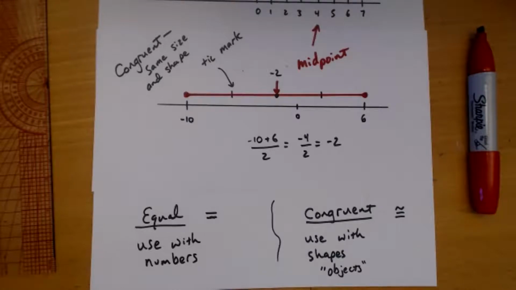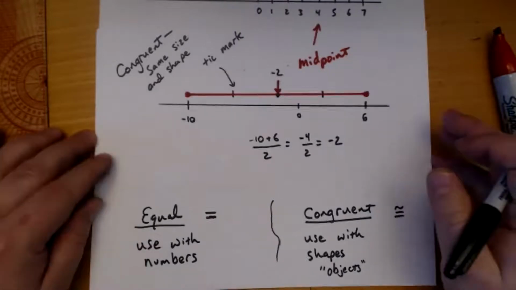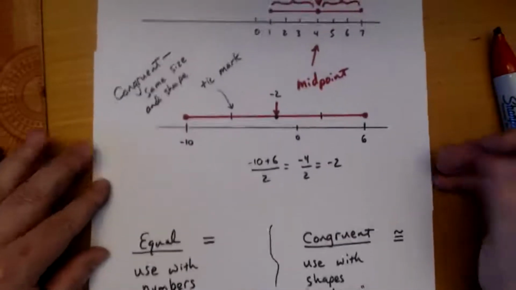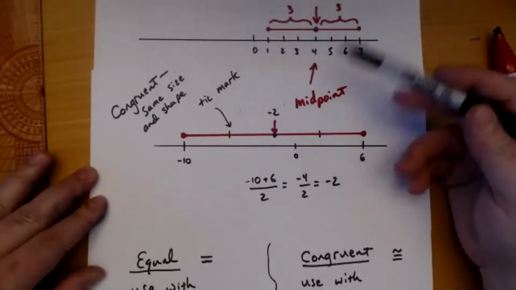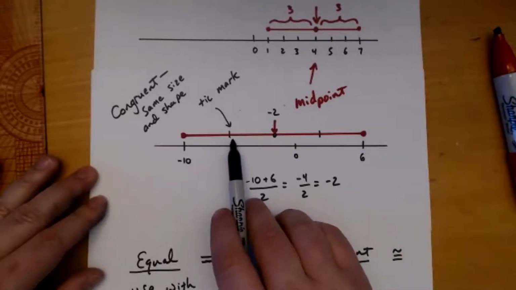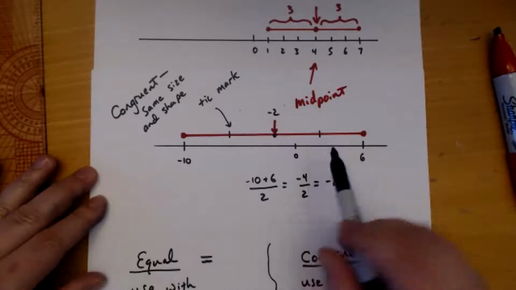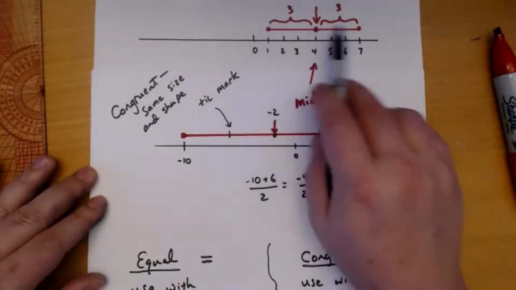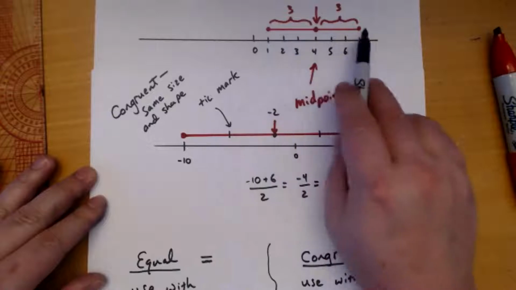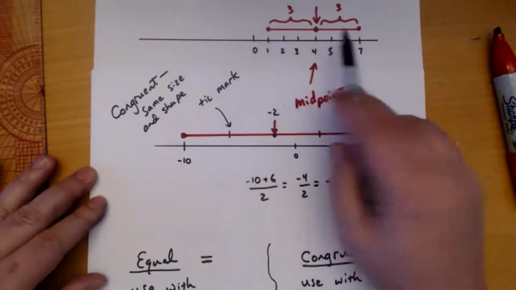And since we're talking about this, we might have a diagram, or two diagrams like this, and we want to say that these two are the same with the tick marks. These two are the same to each other, right? These are both the same size.